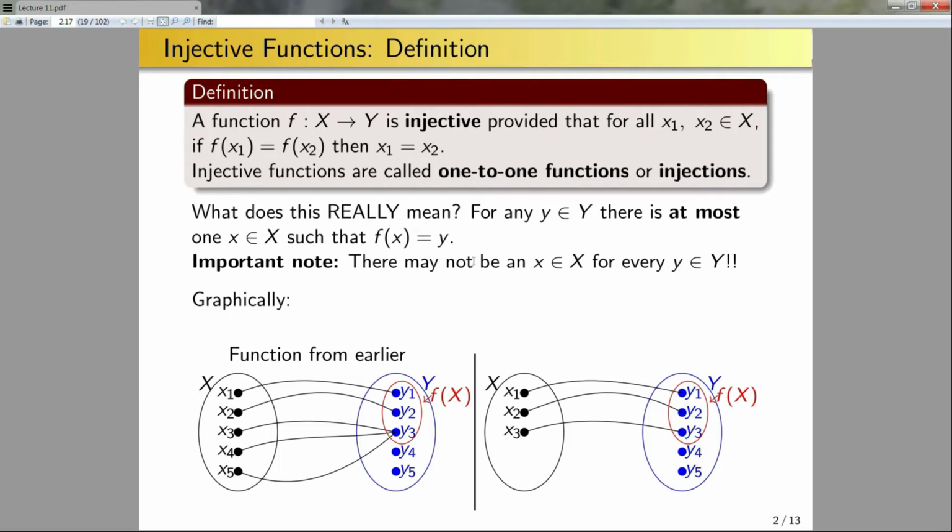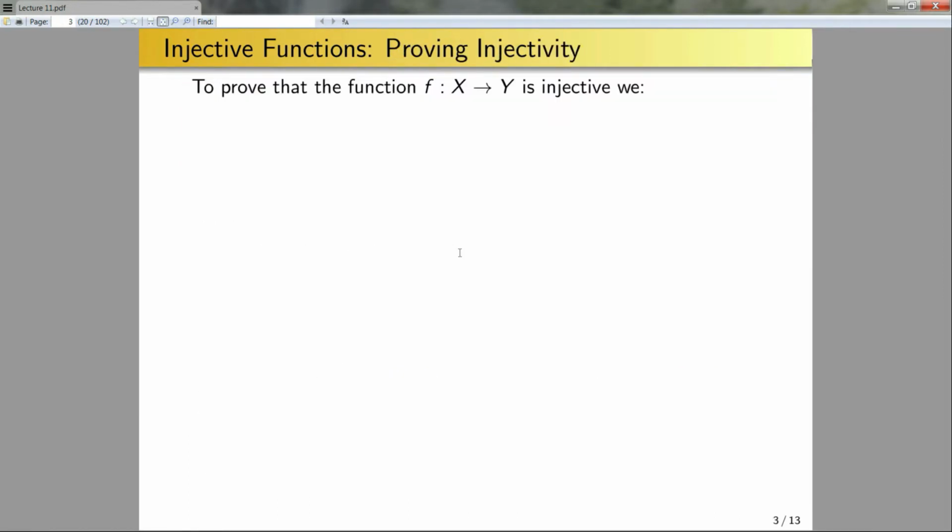The next question that might come up is, how do I prove something's injective, or how do I disprove that something is injective? Well, we have a slide for that. To prove that a function f mapping from X into Y is injective, we first have to assume that f of x1 is equal to f of x2 for some x1 and x2 in X. Here I'm assuming that I have one value of y that gets mapped to by 2 values in X. Next, I need to conclude that if this is indeed the case, then x1 has to equal x2.